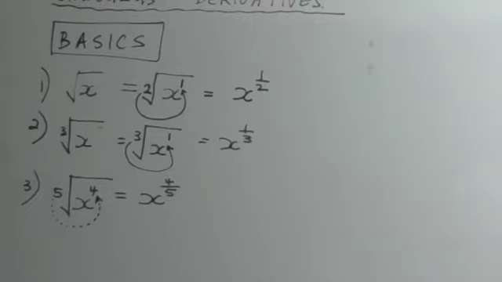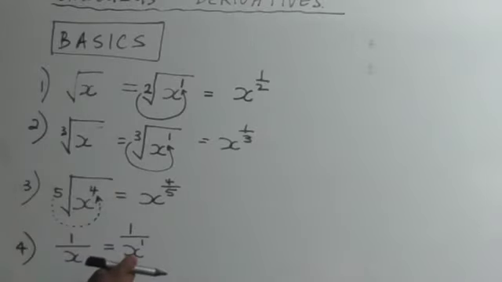That's one set. Then the next set is this. You must know that 1 over x is really 1 over x to the 1, and the 1 here is understood. Now when we're doing derivatives, we don't want the base to be in the denominator. So we want to take this out from here.